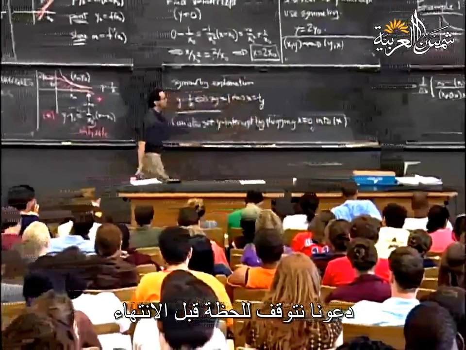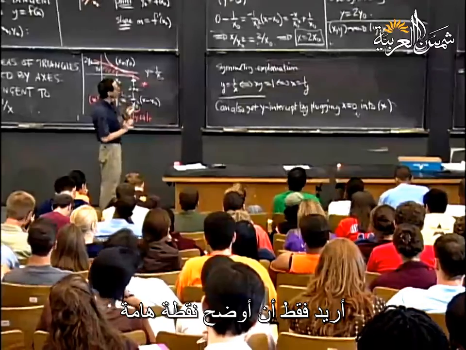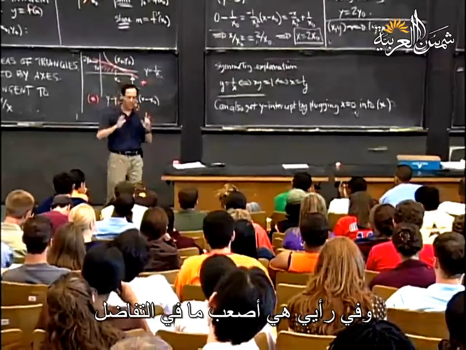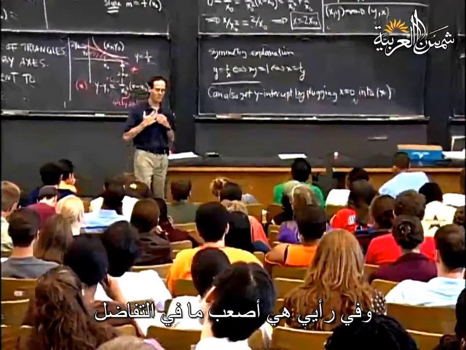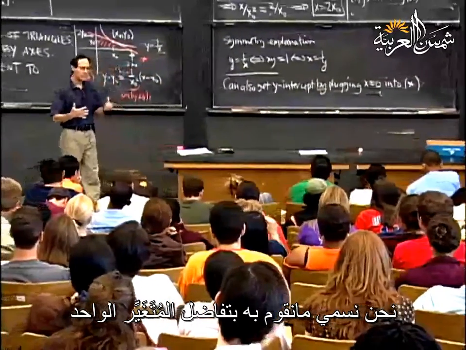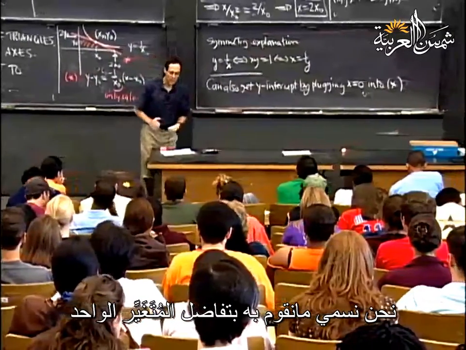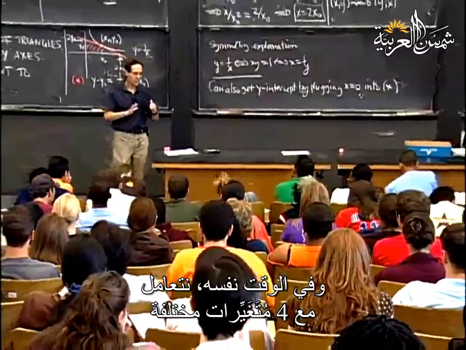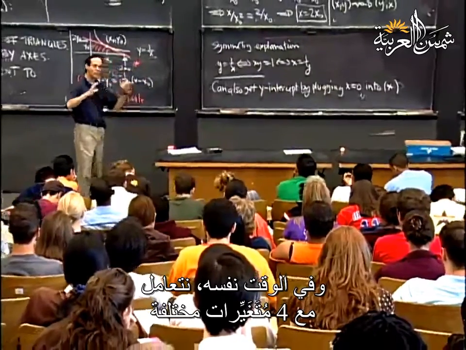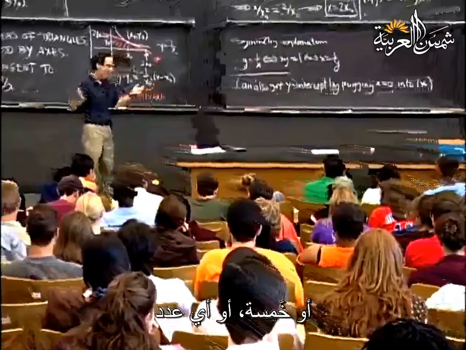Well, let me hold off for 1 second before I finish it off. What I'd like to say is just make one more tiny remark. And this is the hardest part of calculus, in my opinion. We call it one variable calculus, but we're perfectly happy to deal with 4 variables at a time, or 5, or any number.